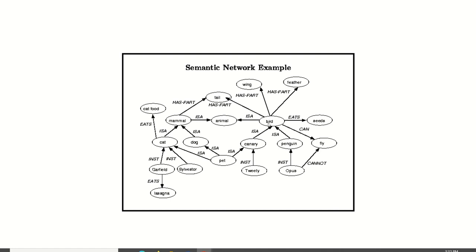So there's a neuron bird that's connected to a neuron for wing, a neuron for tail, a neuron for animal, and so forth. And what happens then is that when we activate the word bird, that neuron fires, and it might actually spread activation to other neurons that are connected to it, so that when you activate the word bird, you actually at some level are also activating seeds, fly, penguin, canary, and so forth.